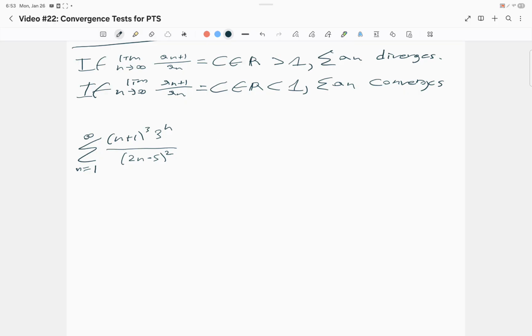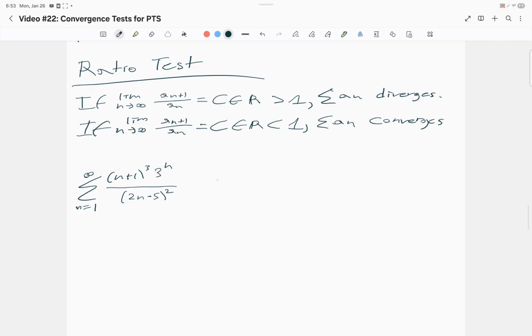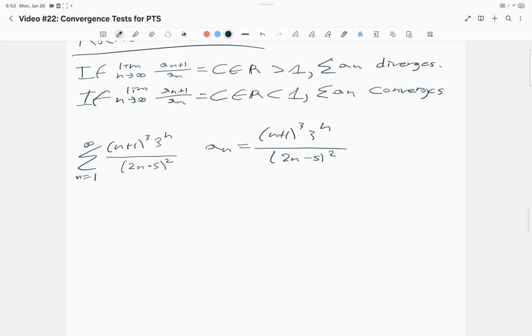If we want to use the ratio test for this guy, we know that a of n is that, and a of n plus 1 is going to be n plus 2 cubed, 3 to the n plus 1 over 2n minus 3, squared.